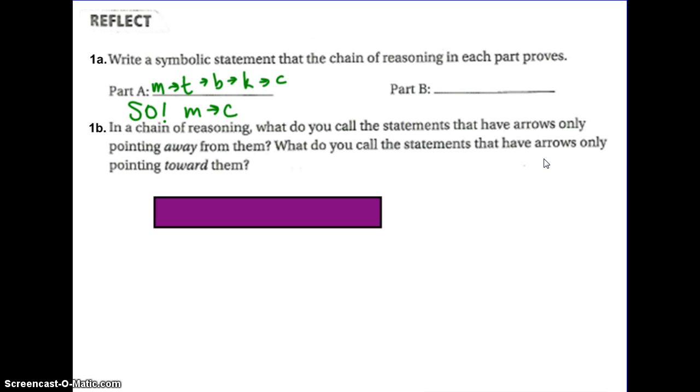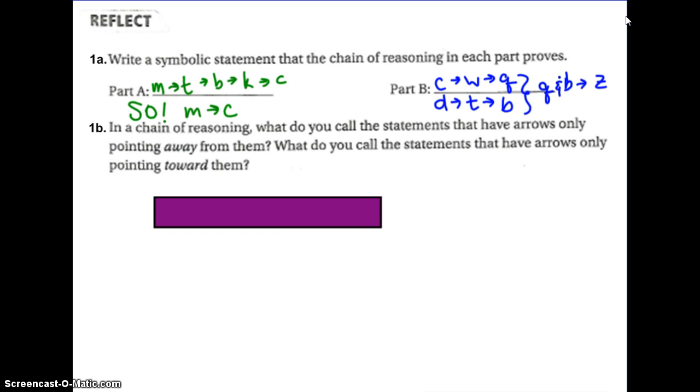And then for part B, we had a couple things that we needed to do, so we might need a little bit more room here. First off, we said that C implies W implies Q. Alright, and then we had D implies T implies B. We know here that Q and B imply Z. So what we can say is that C and D imply Z. Alright, so in this chain of reasoning, what do you call the statements that have arrows only pointing away from them?